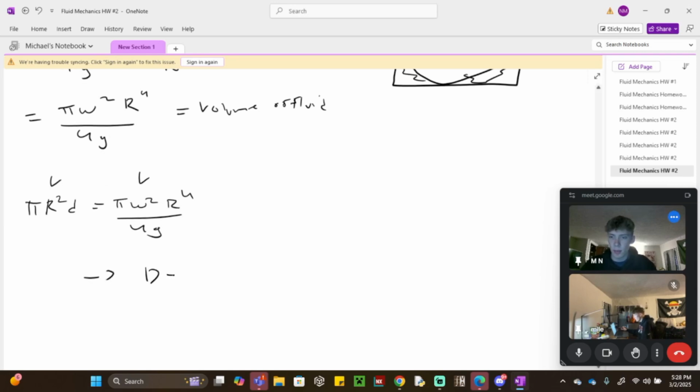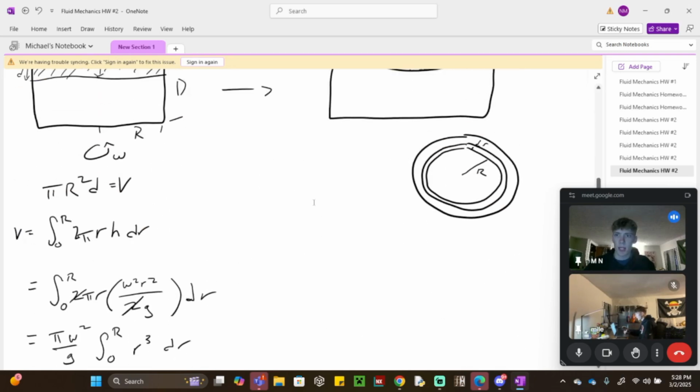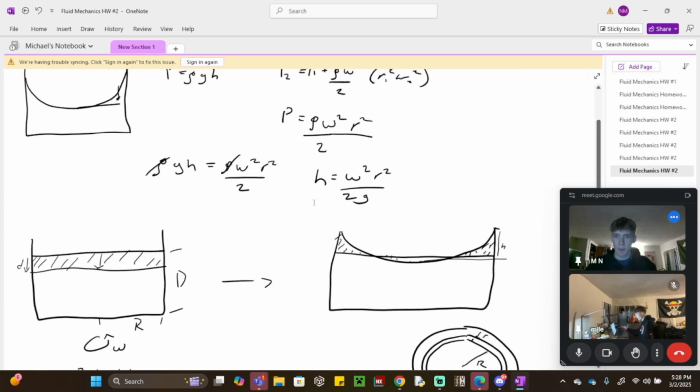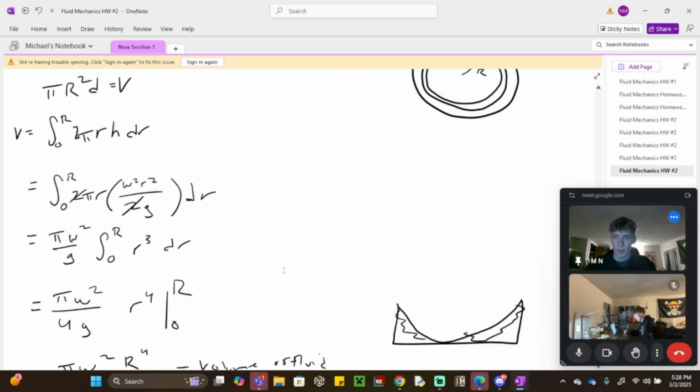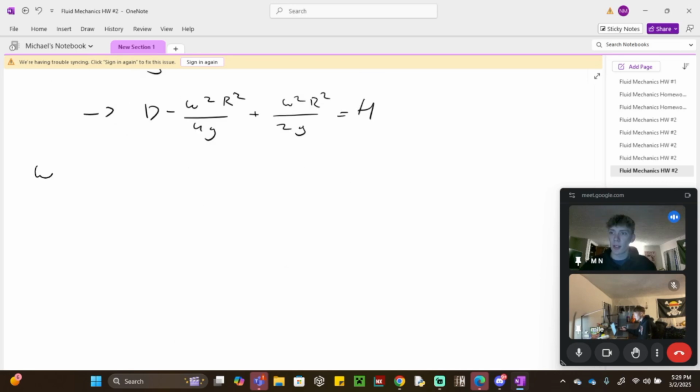So that will lead us into d minus omega squared r squared over 4g plus omega squared r squared over 2g is equal to big H. And of course in this case big H is equal to the height of our cup. So our angular frequency would be equal to the square root of 4g times H minus d over big R.